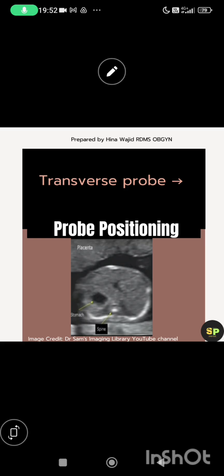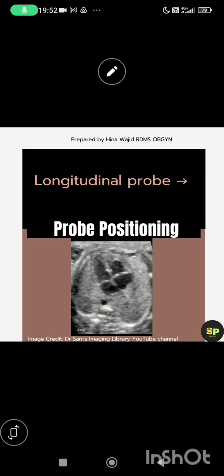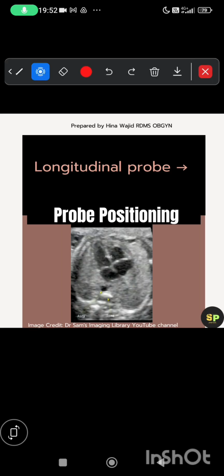So, first you determine the presentation, then you see the relationship of the spine and the stomach, also of the spine plus heart, and you should also see the aorta and IVC location. Here you can see the aorta just in front of the spine and toward the left, and the IVC is usually toward the right side.